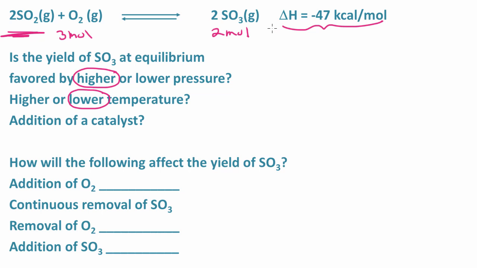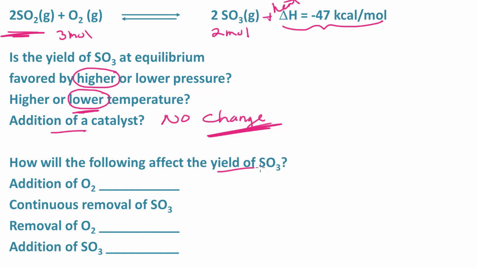If I were to increase the temperature, and again, we're thinking of the heat as a product because it's exothermic, then it's going to shift in such a way as to remove that heat, so it would shift to the left. So this would be favored by a lower temperature. Addition of a catalyst, no change. Catalyst does not affect equilibrium.